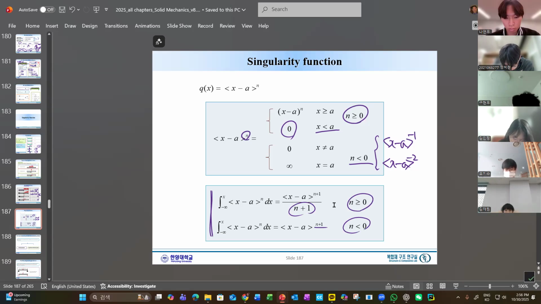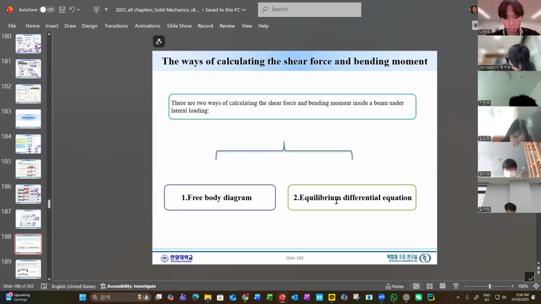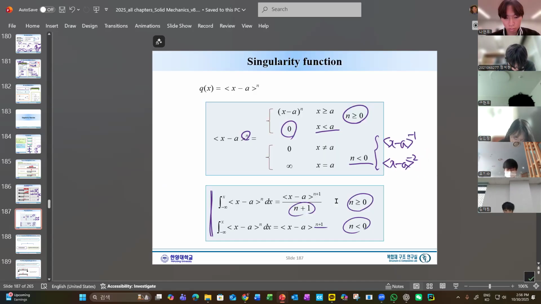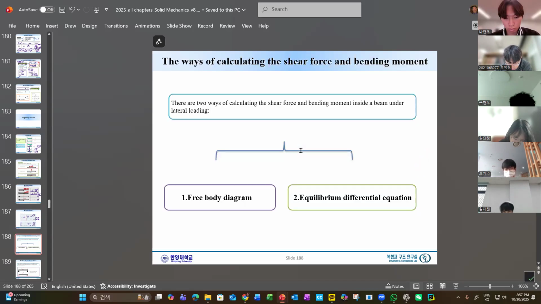If you understand it once, then when you use it you don't need to fully memorize them. You can just open the book and use this formula in solving any problems. But the understanding is more important. Okay.